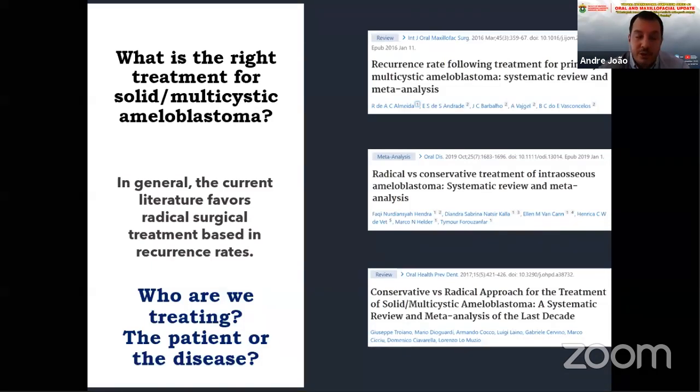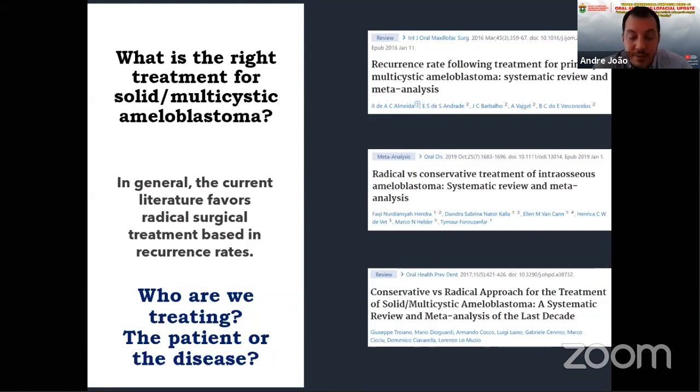Free bone graft usually causes a lot of resorption, infection, and whenever I try to do this in large defects, I end up losing this graft most of the time.